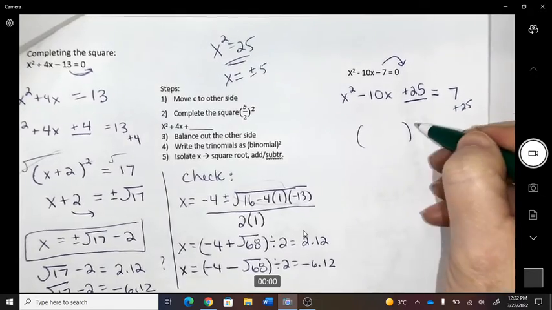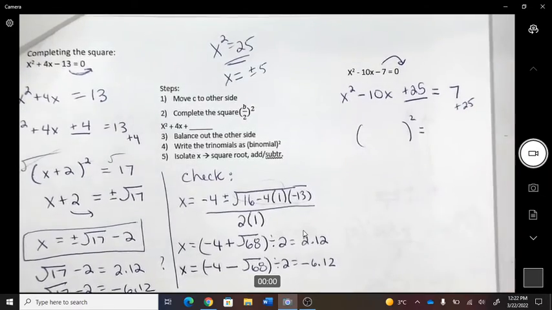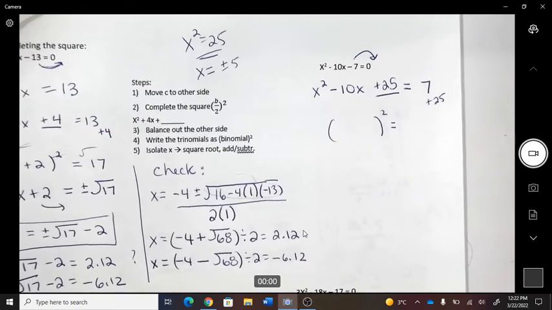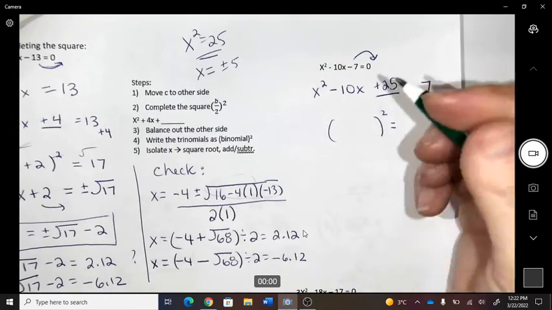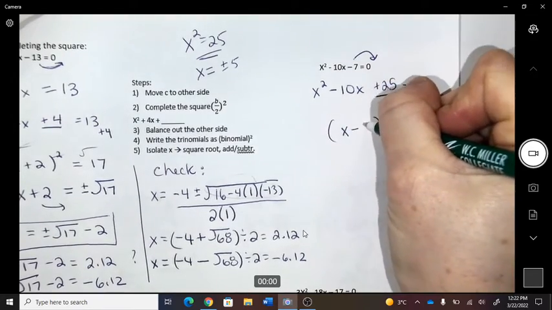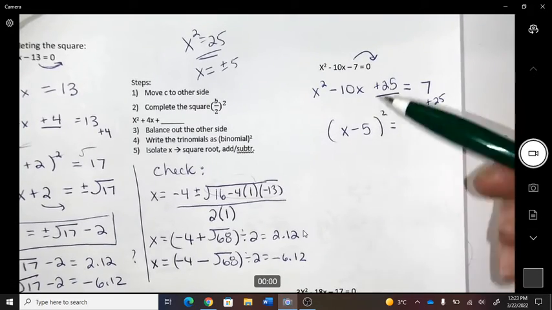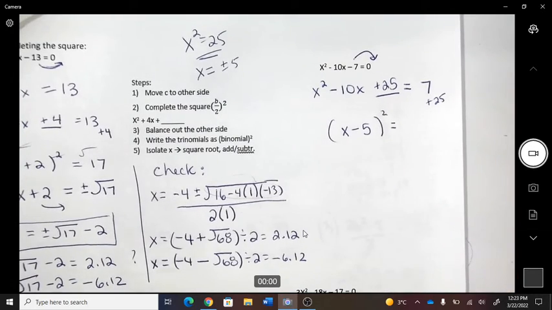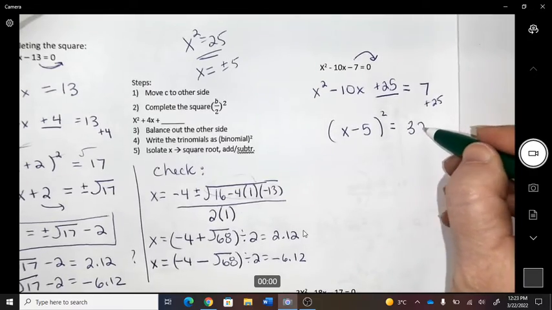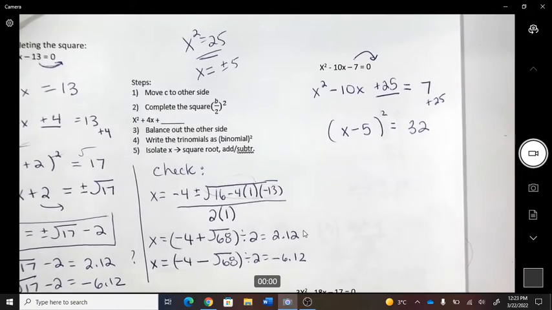Can you turn the trinomial into a binomial square? Did you write x minus 5 squared? Because it has to double to 10 and square to 25. And that should be 32. Now I'm going to work to get x alone.